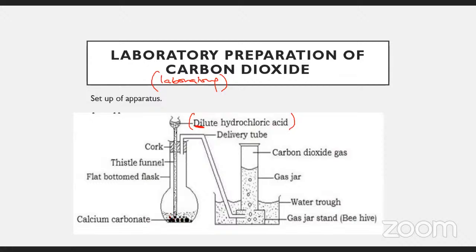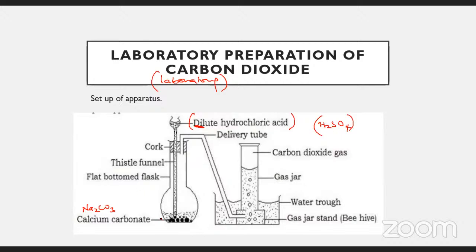Then we need calcium carbonate, or you can use any carbonate. It can be calcium carbonate, it can be sodium carbonate, as long as you have dilute acid, which is hydrochloric acid. Or at times we can use sulfuric acid, but we shall look at the disadvantages of using sulfuric acid.